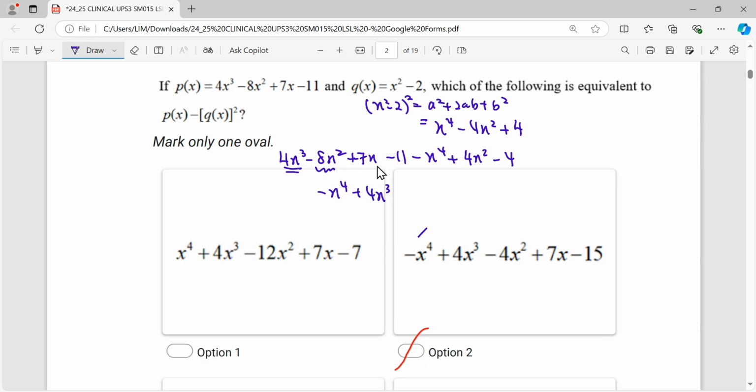Third term power of 2, minus 8 plus 4, so minus 4. Then power of 1. Then the constant, minus 11, minus 5, minus 15. So we have this option as an answer.